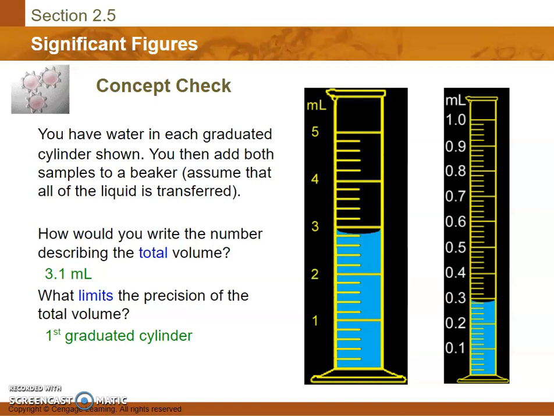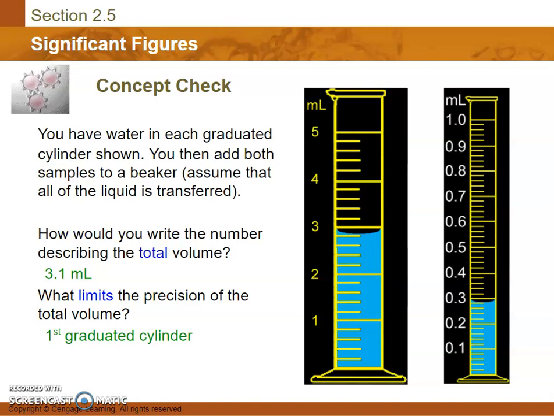So we're going to add those up, and when we add 2.81 plus 0.280, you get 3.09. So we're going to round that to 2 significant figures, and we get 3.1 milliliters.